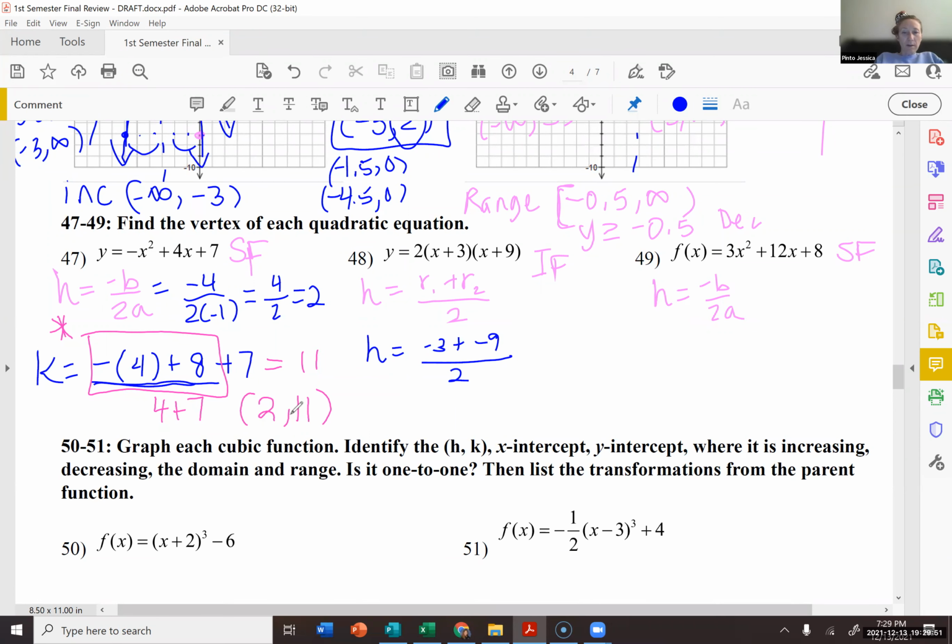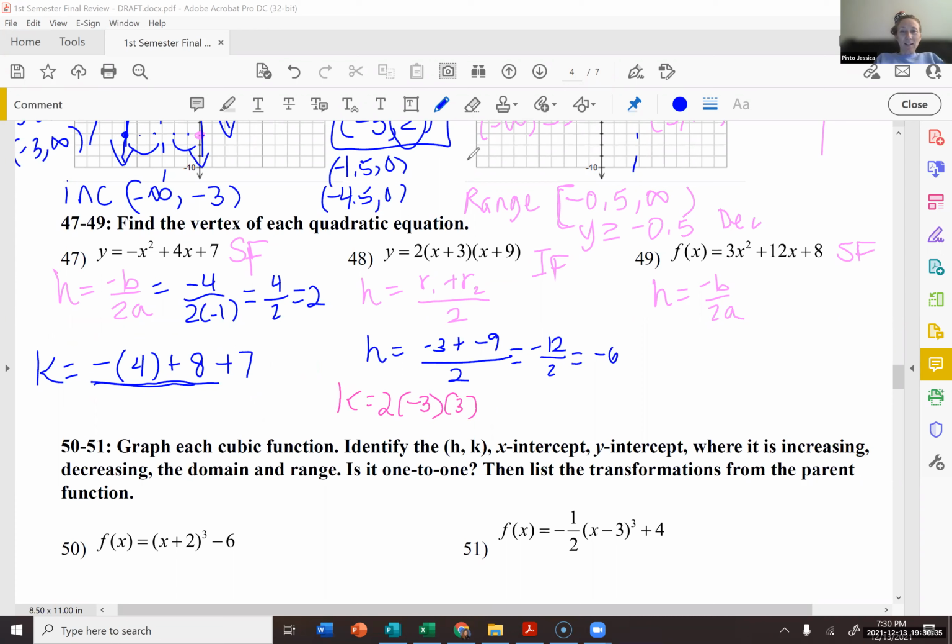So now I'm going to plug that into my original equation. So plugging it in here, I'm going to have 2, and then -6 plus 3, and then -6 plus 9. It would actually be better if I just wrote that as 2. -6 plus 3 is -3. And then -6 plus 9 is +3.